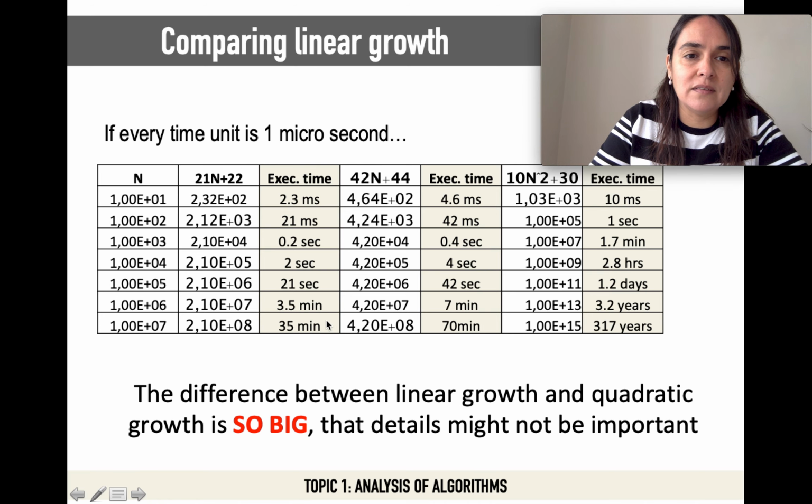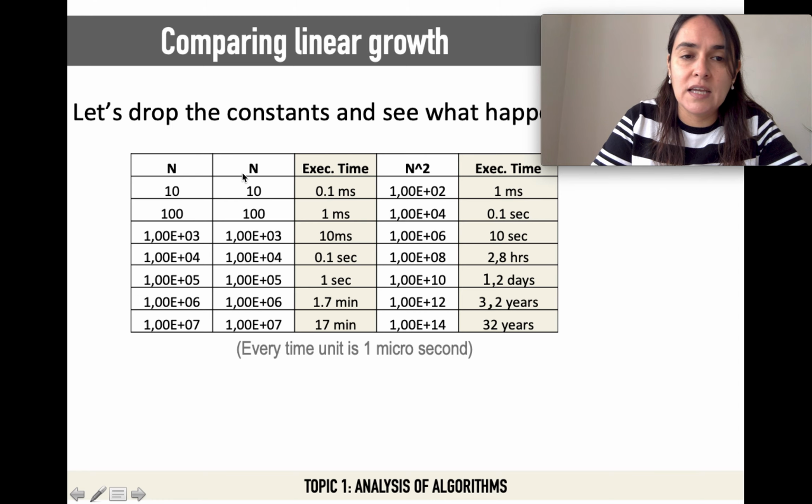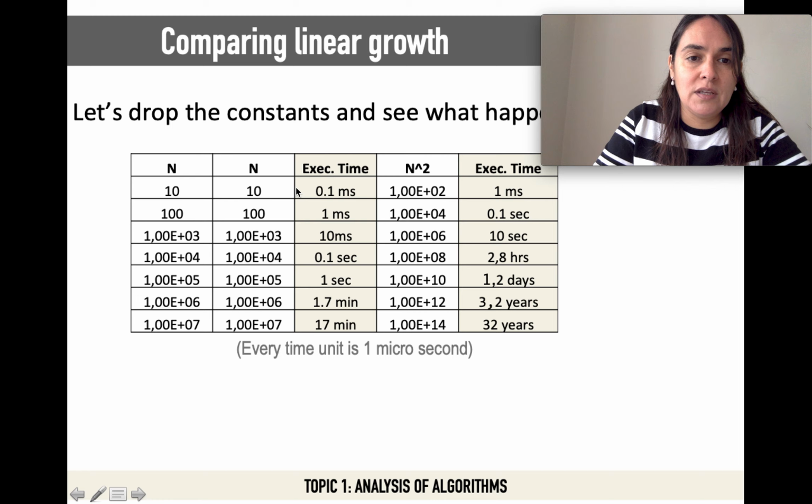So let's see what happens if we just drop the constants. So here I have just n and n squared. This is not the time units anymore. That will be an estimation of how much the time will grow. So here we are in the order of magnitude of 7, but here we are in the order of magnitude of 14. If that doesn't tell you anything, let's look at the execution times. You will see here that this will take 17 minutes, but this will take 30 years.